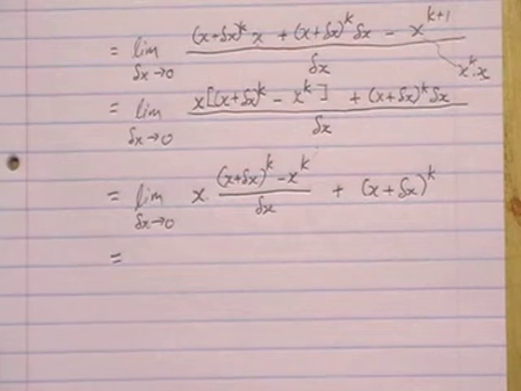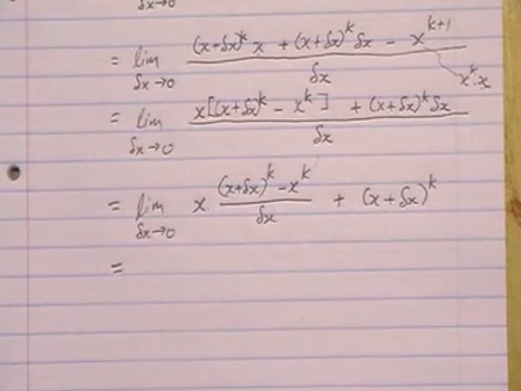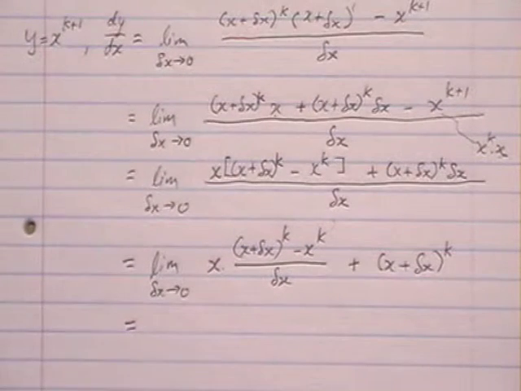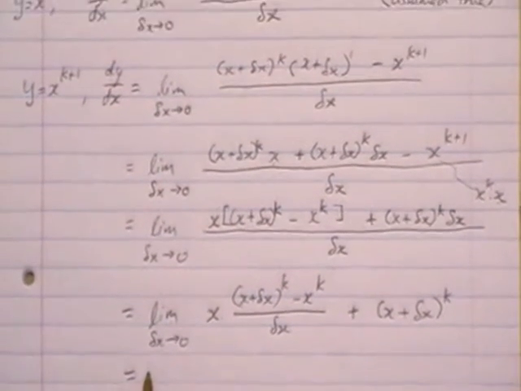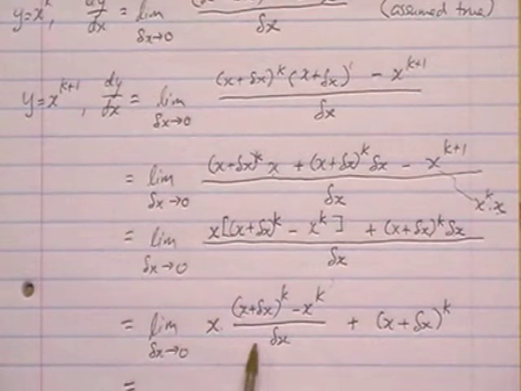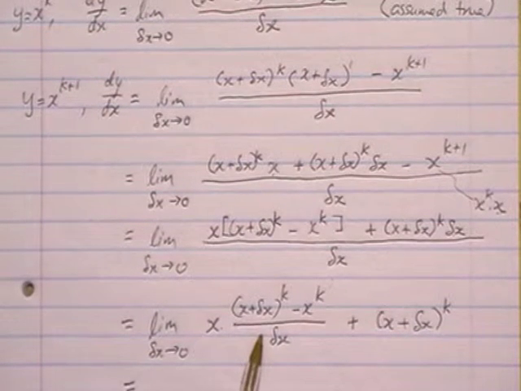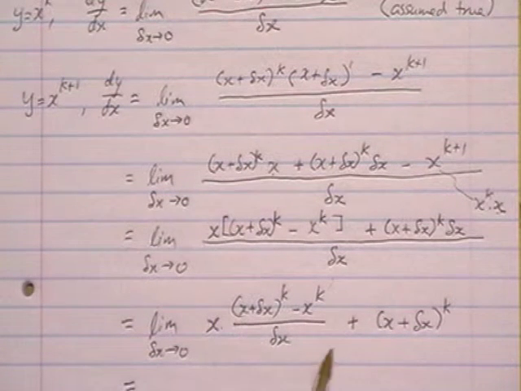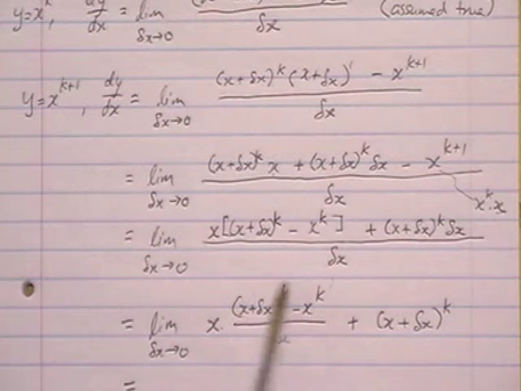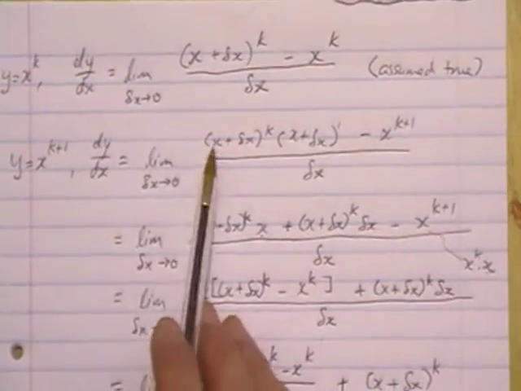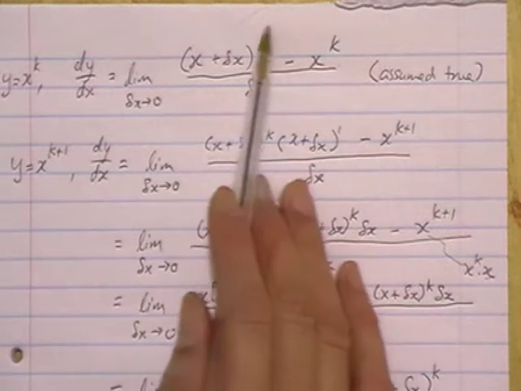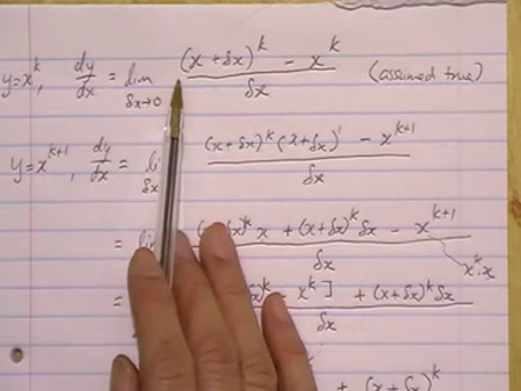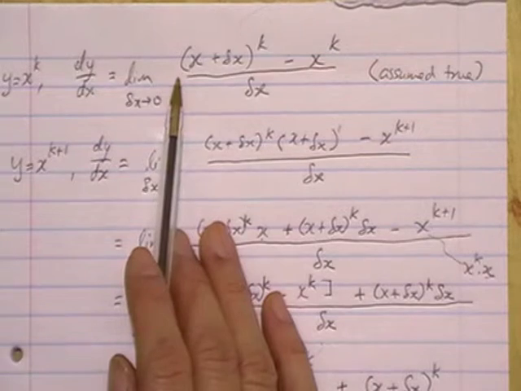We can now take the limits when delta x tends to 0, because we know what to do with both of these. For this one, when delta x tends to 0, since this is exactly the same as this, we know what the answer is.